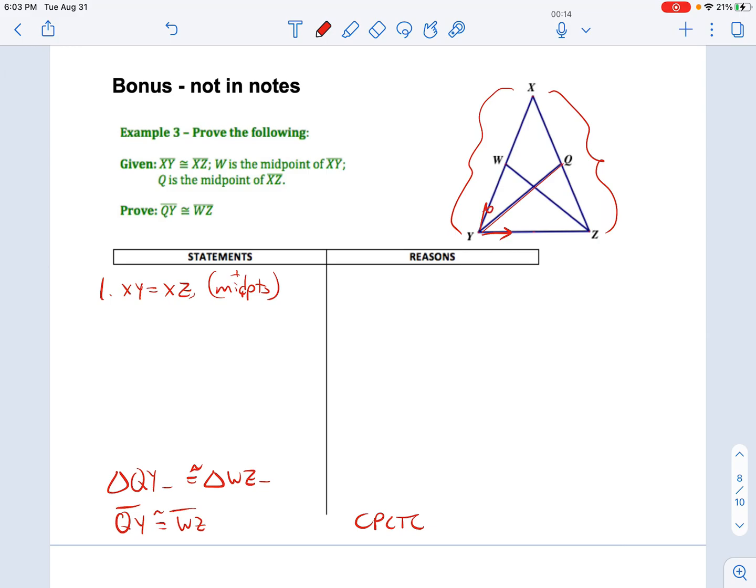It could go that way or it could go that way, right? We could be talking about triangle QYZ being congruent to WZY, or we could be talking about QYX being congruent to WZX, right? We could overlap these either way.